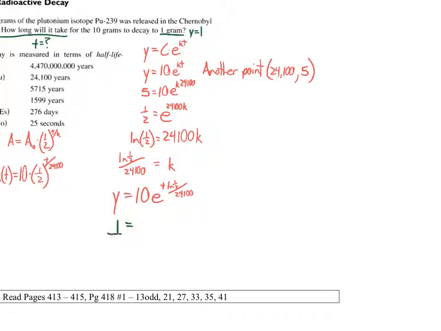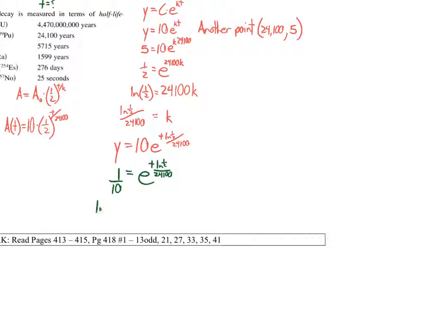Okay, and I'll go ahead and divide by 10. e to the t times ln of 1/2 over 24,100. Okay. And notice one nice thing about this is when you're doing this, you don't have to mess with the change of base formula because your base is already e. Okay, so we now have ln of 1/10 equals t times ln of 1/2 over 24,100.